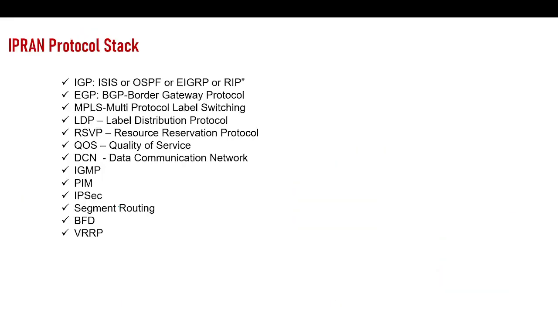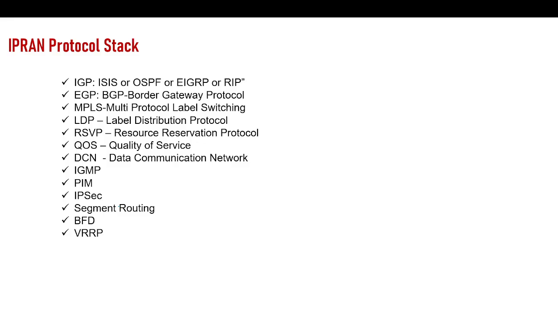Finally, second last slide, we are now talking about the IPRAN protocols that we expect, the IPRAN protocol stack. So when you are setting up a network, of course, the end objective is to have connectivity between different sites or to have communication, all the way from the user equipment to the controller.